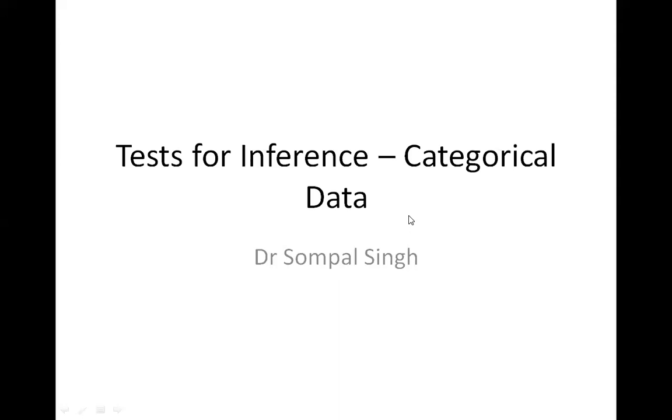If, for example, gender is an attribute, then the attribute can take two values, either male or female. So in categorical data we have attributes and the numbers or frequencies corresponding to those attributes.